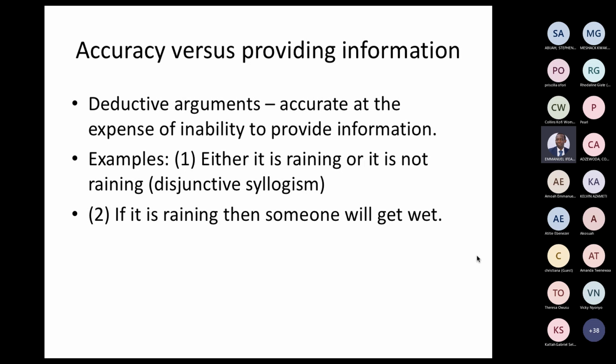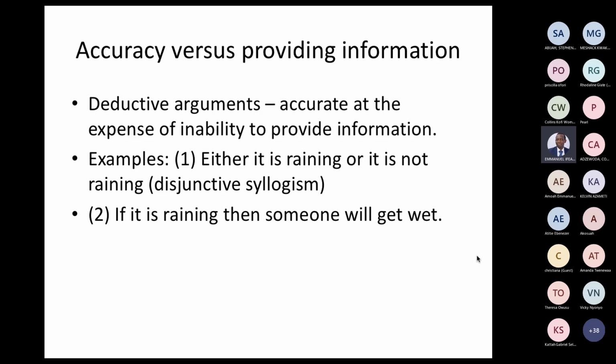And then premise 2, if it is raining, then someone will get wet. That's a conditional statement. And the statement will always be true because if it's raining, not everyone can avoid the raindrops successfully.